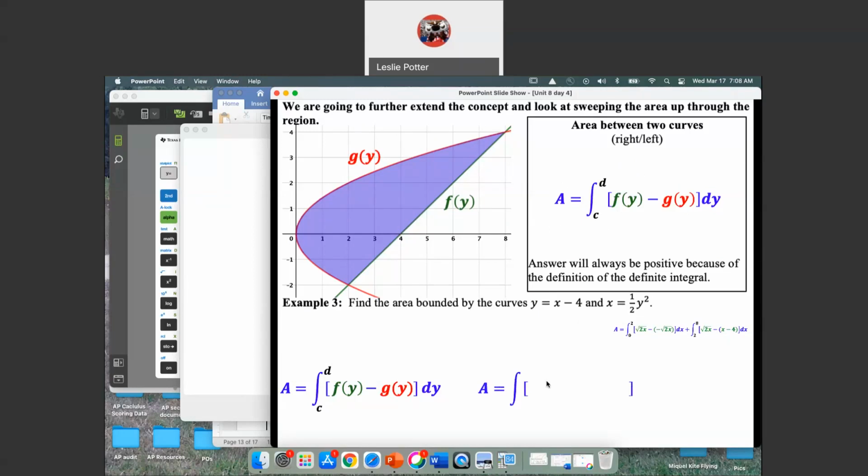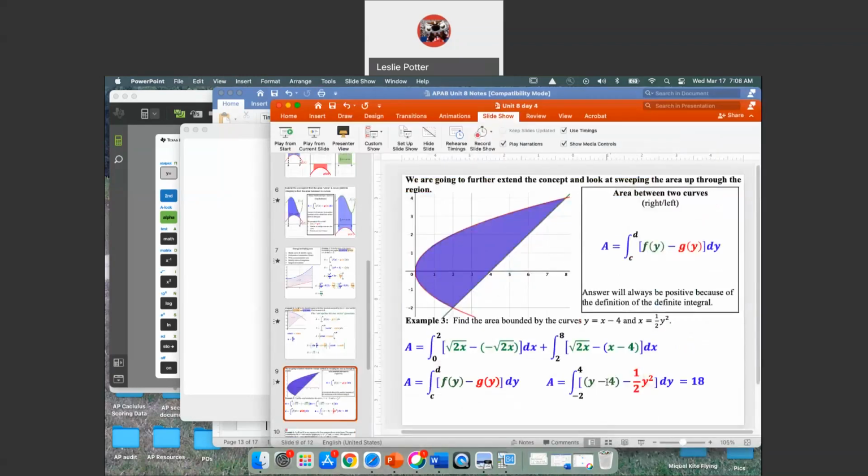And so what that means then is that the line, if we solve this for x equals, we'd add 4 to both sides. So we're going to go from -2 to 4. And we're going to have y plus 4. Excuse me, that should be a plus. Okay, typo. Let me stop here. We have y plus 4.